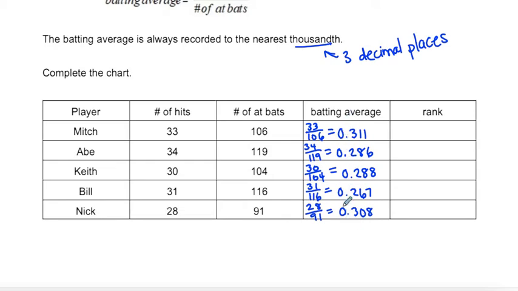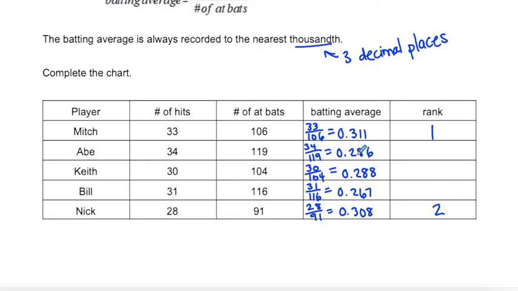So we start with our ones and they're all zeros. So then we have to go to our tenths place. And so we have now number 1 is either between Mitch and Nick because they both have a 3 and 3 is greater than 2. So then we go to the next place value, which is our hundredths, and Mitch has a 1 and Nick has a 0. So Mitch is in first place and Nick is in second place.